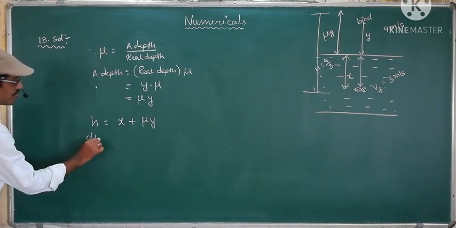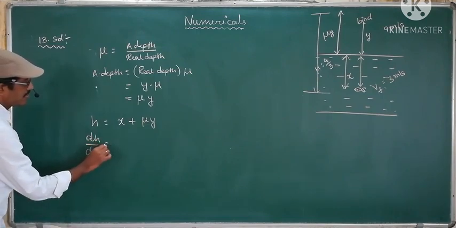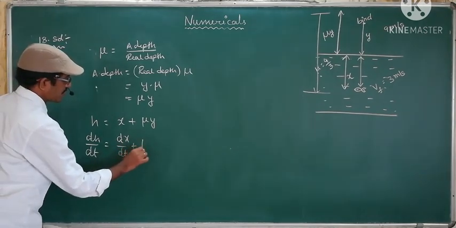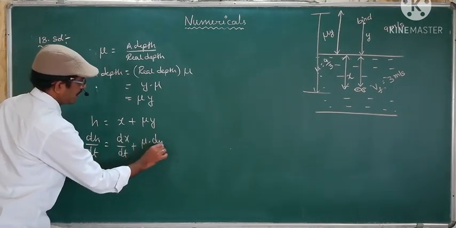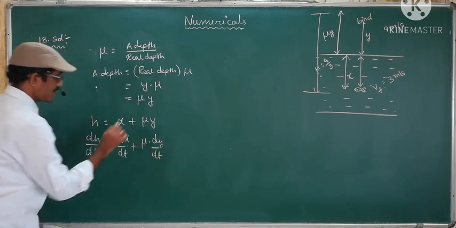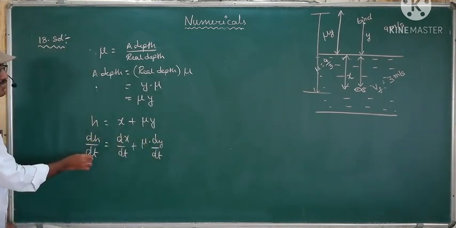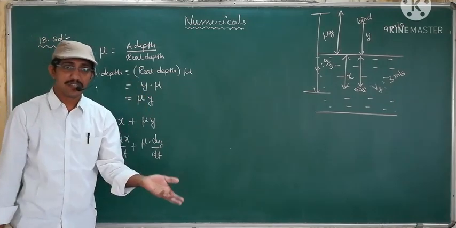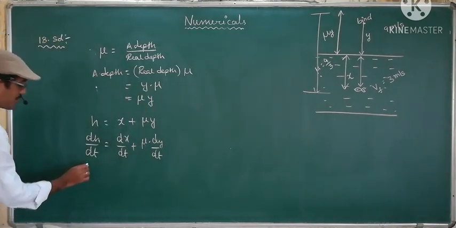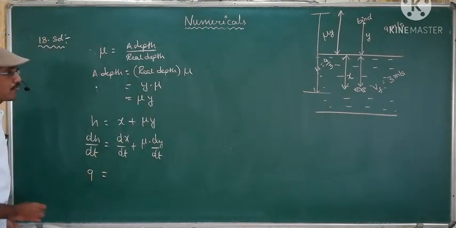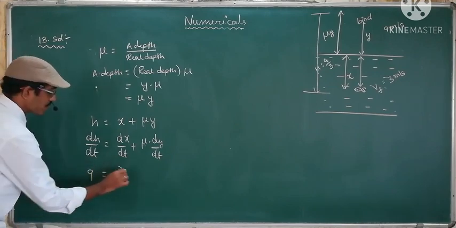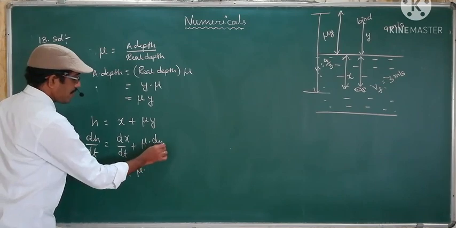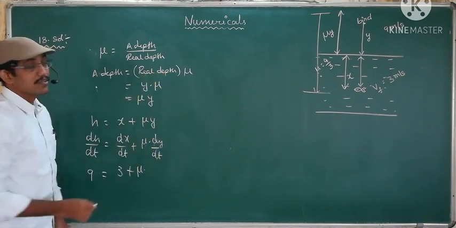So differentiate this equation. dh by dt is equal to dx by dt plus mu into dy by dt, since mu is constant. What is this dh by dt? It is the velocity of the bird that is observed by the fish, not the real velocity. So 9 is equal to the velocity of the fish, 3, plus refractive index into dy by dt. Y is the original height of the bird.